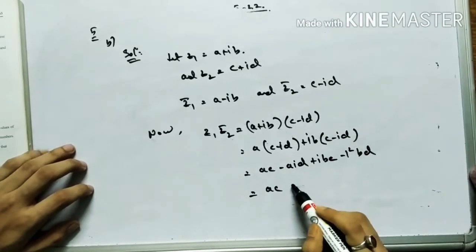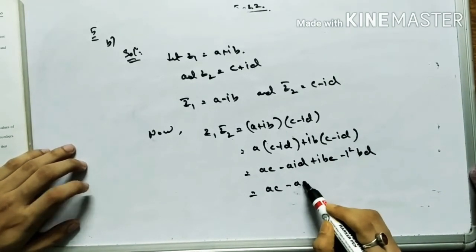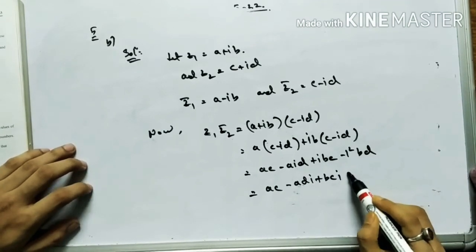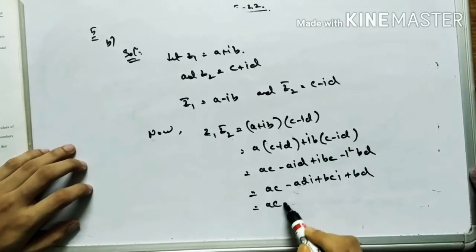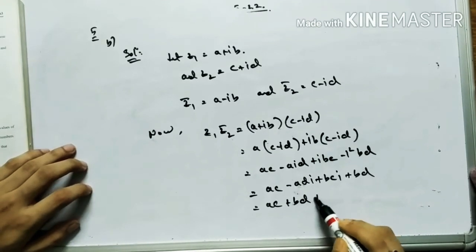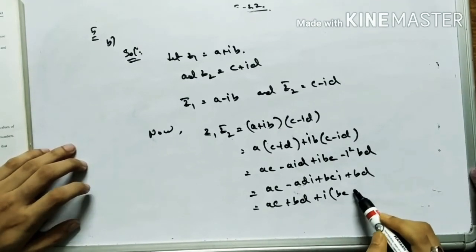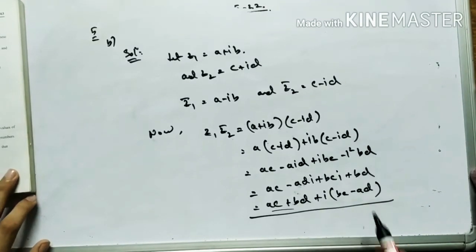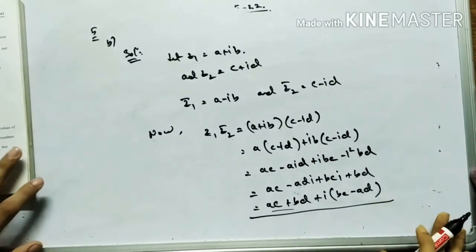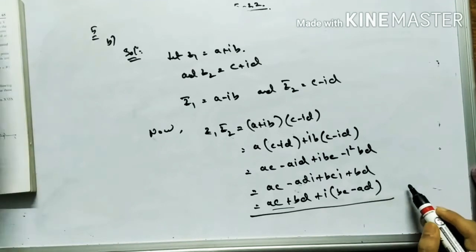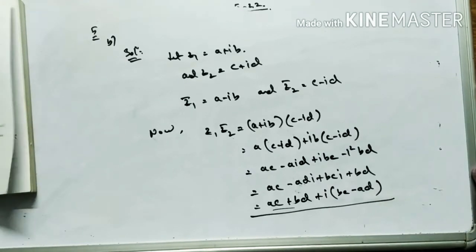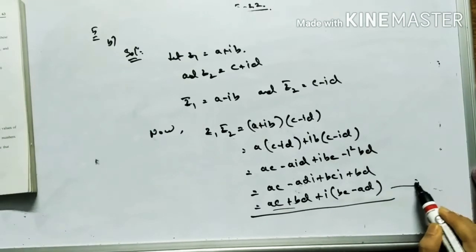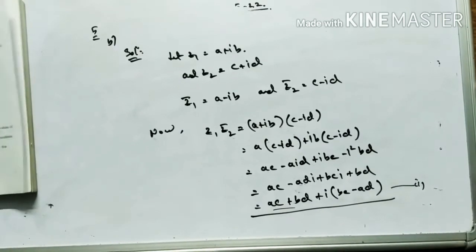So this is ac minus adi plus bci plus bd. So this is ac plus bd plus i(bc minus ad). This is the real part and this is the imaginary part. This is our equation number 1.